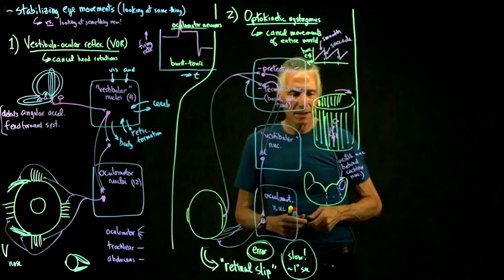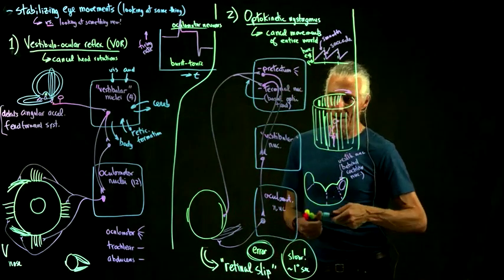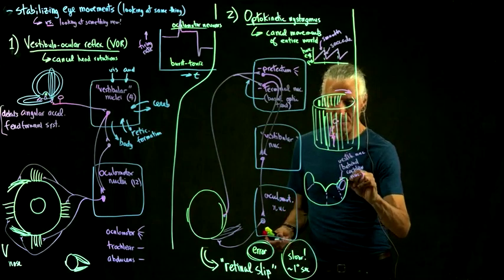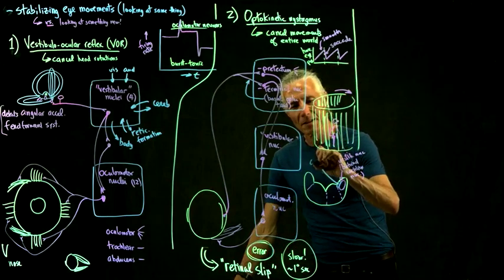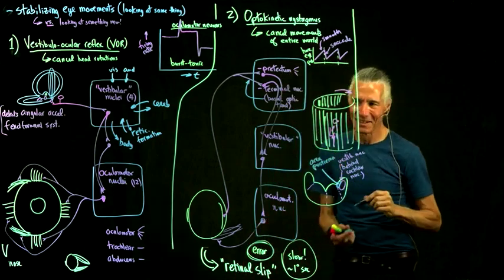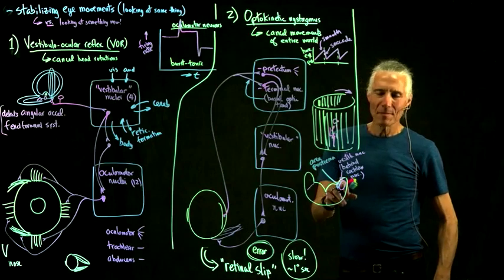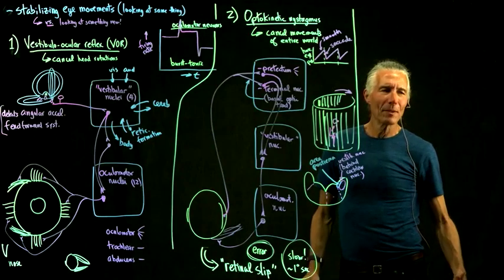But right next to the vestibular nucleus there's an area called the area postrema, and that's the vomiting center. So it's quite close to the vestibular nuclei. Why would that be?